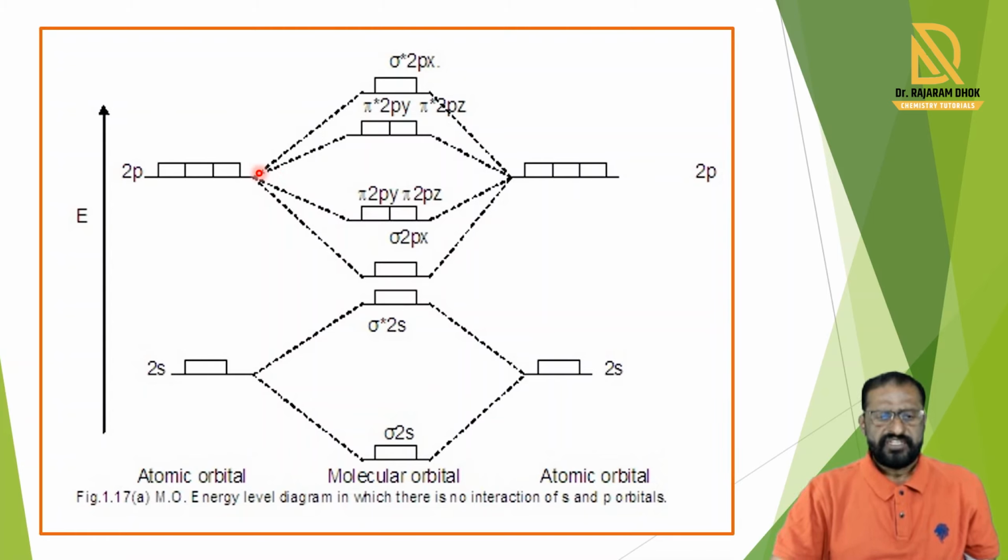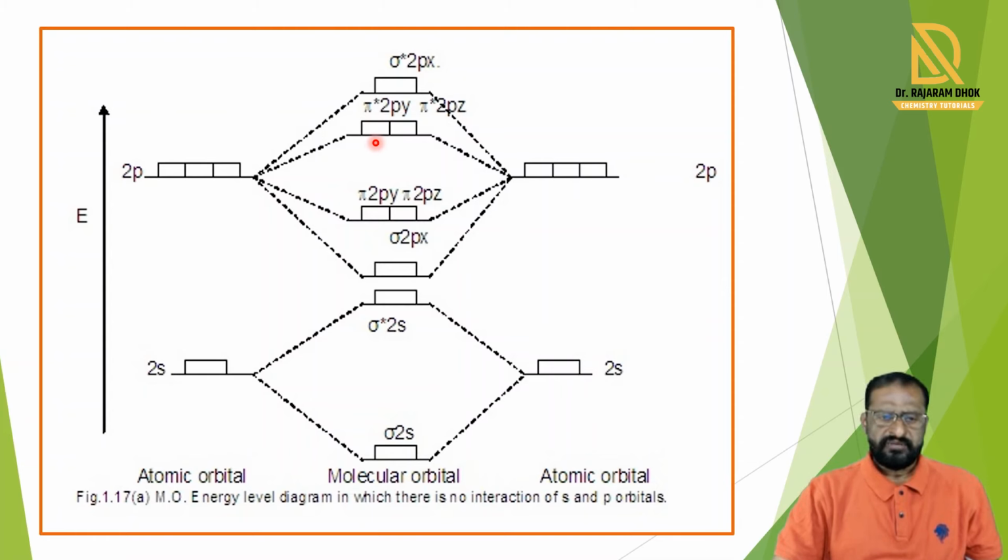Now in the same way, anti-bonding molecular orbitals are formed. When the wave functions of py and the other atom's py are different, then the anti-bonding pi star 2py orbital is formed and it acquires higher energy.